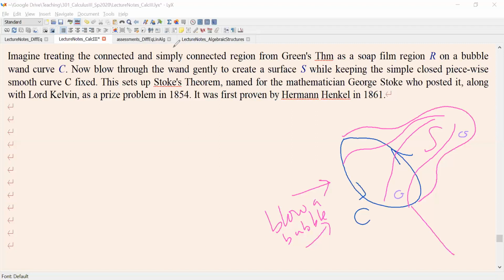So over there, over here, over there, and in the back, like that. And we can think of that counterclockwise rotation as being oriented to the top or upper face of that surface. And we can describe each of those curls as being about a normal vector.